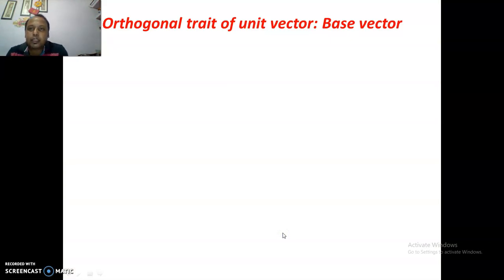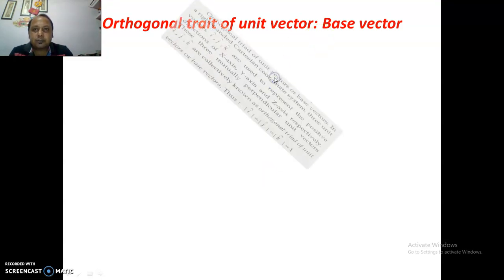Now one more thing you need to understand when we are resolving the vectors. We have earlier studied what is a unit vector. A unit vector is a vector having magnitude 1 and a particular direction. That's what we call a unit vector. It is also known as a base vector.